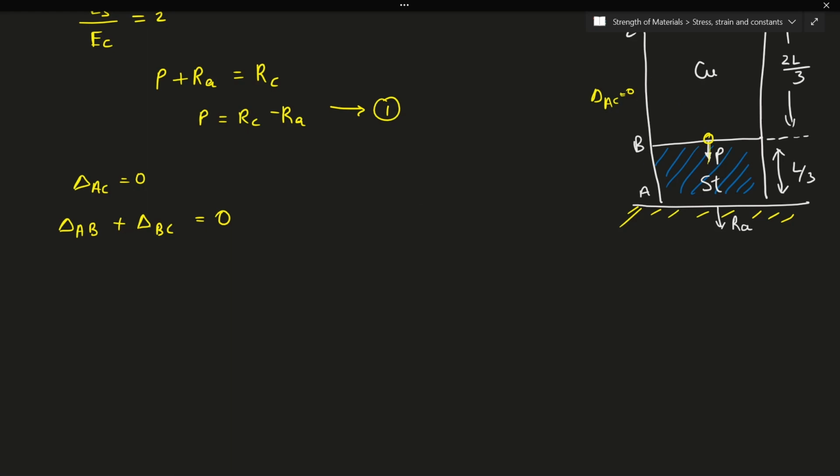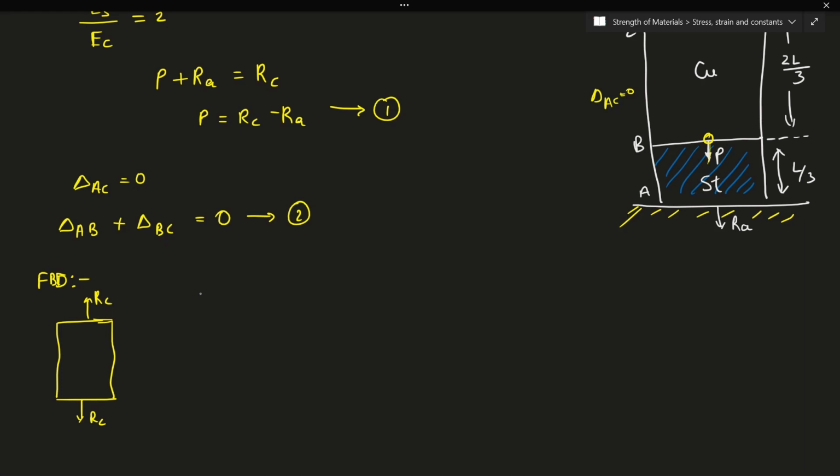Right, so with this knowledge, I'll go with the free body diagrams. For copper, we'll have tension. The tensile force will be the support reaction, the reactive force RC. I'll call this equation number 2.